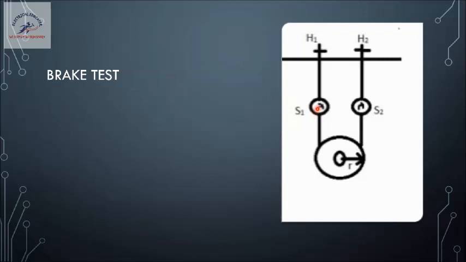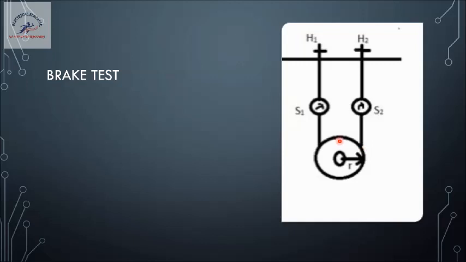This spring tension is a device which, if we tighten using the two bolts available, acts like the motor is being loaded. So we are creating an opposition to the rotation of the motor by mechanically tightening these two. Here S1 and S2 are the spring balance readings.